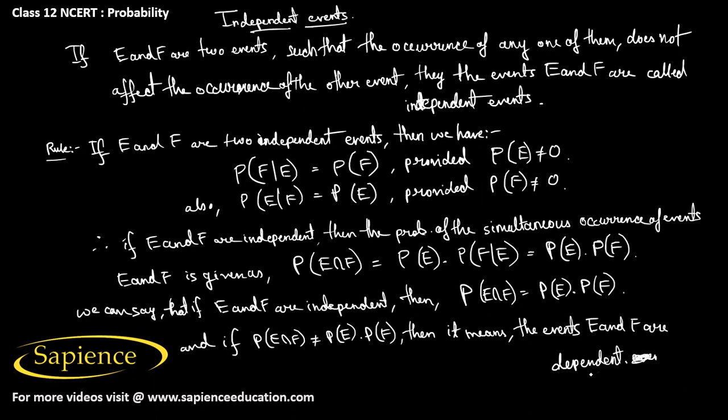The events E and F are dependent. It means they are not independent. Okay.